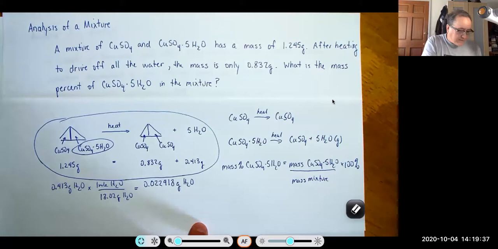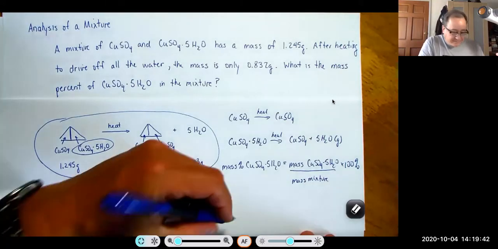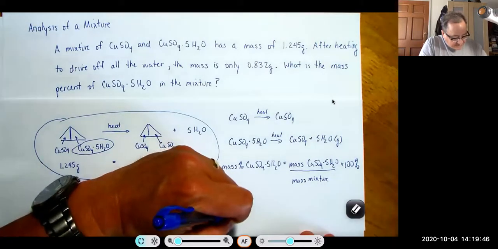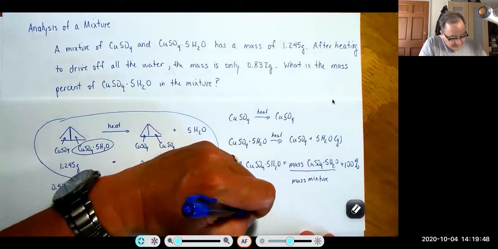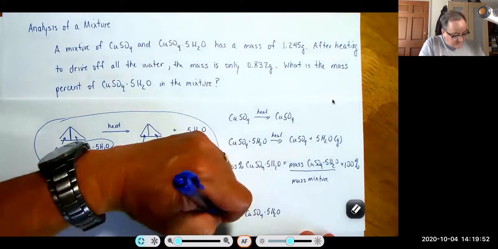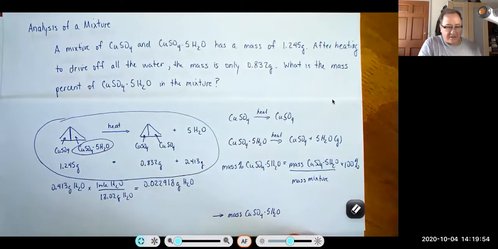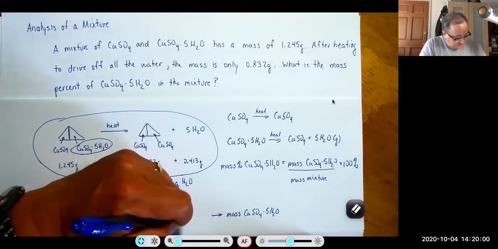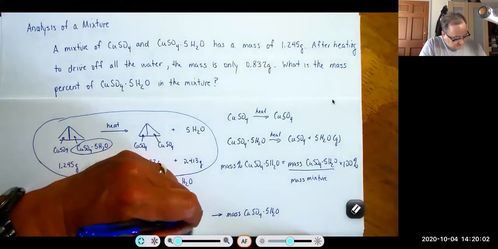Now the mass of the mixture we have, it's 1.245 grams. How are we going to get the mass of copper 2 sulfate pentahydrate? Well, you know what? I'm going to work this backwards. Now, how am I going to get the mass of this stuff? According to everything we've been doing so far, I probably need the moles, right?